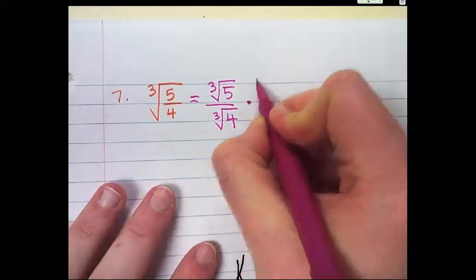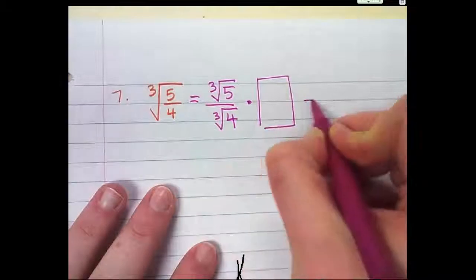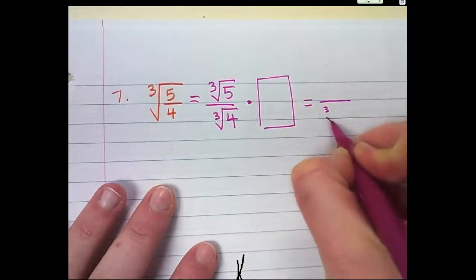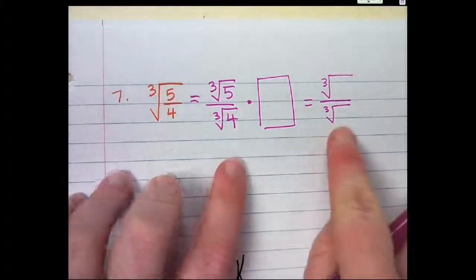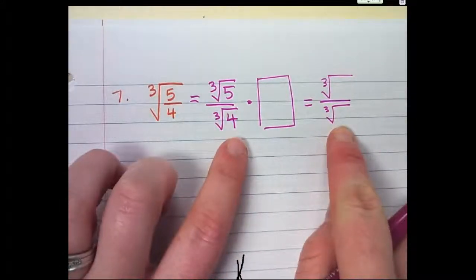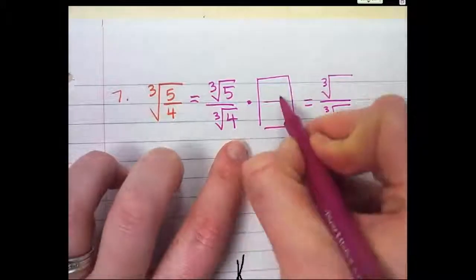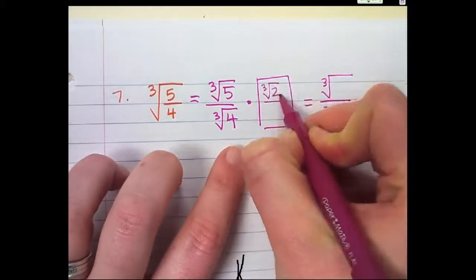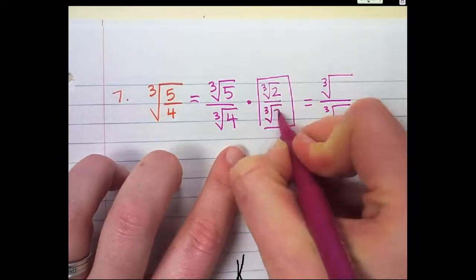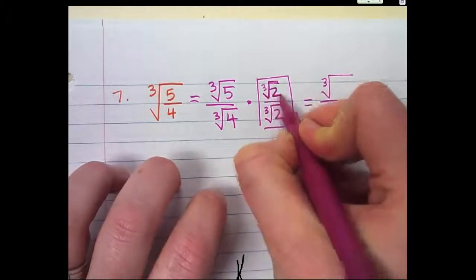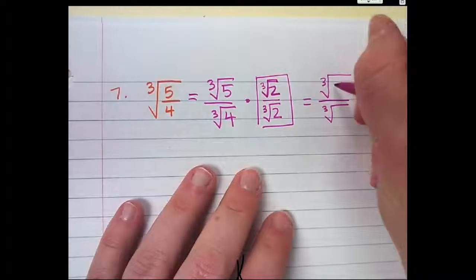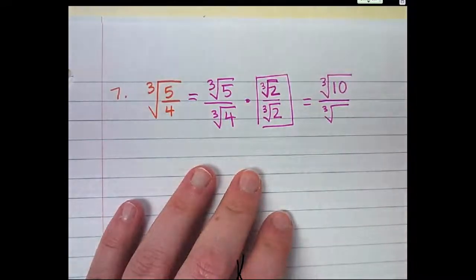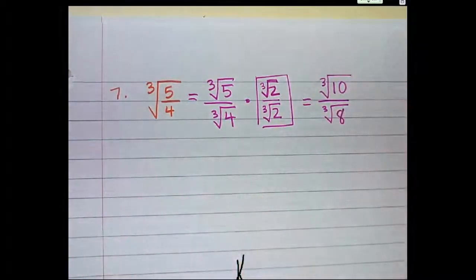So I need to multiply something by this to get myself a perfect cube. 2, right, because 2 would give us 8, which is a perfect cube. So I multiply by cube root of 2 over cube root of 2. So I get cube root of 10 on top and cube root of 8 on bottom.